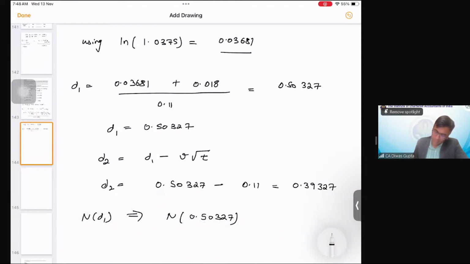Yes, sir. 0.01855, and further, if I just add 0.03681 and divide it by 0.11, 0.50327 is the right number, but in this step I think this was wrong. So this can be changed. Students, please note this one.